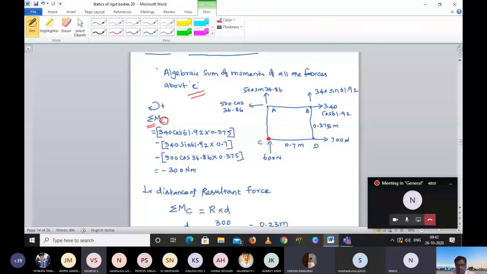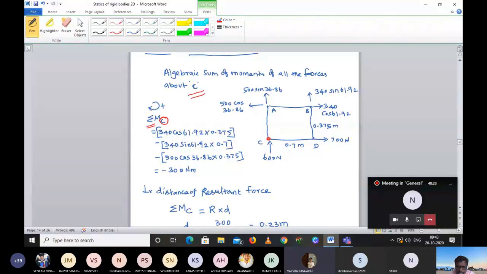But it's better to always take the left-hand point where the forces are minimum. Now which one will you take? Yes, sir, C is better. So it's better to have a minimum of forces acting there, and the bottom left corner will be better to show exactly where the resultant is. Okay, fine.